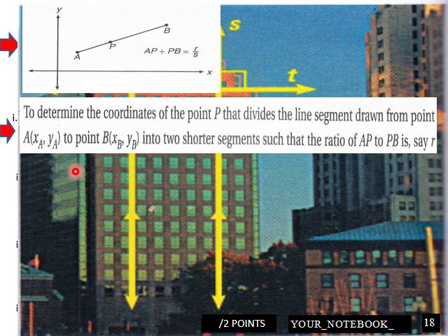To determine the coordinates of point P that divides the line segment into 2 shorter segments such that the ratio of AP to PB is R, R divided by S, say R to S, would be AP divided by PB.